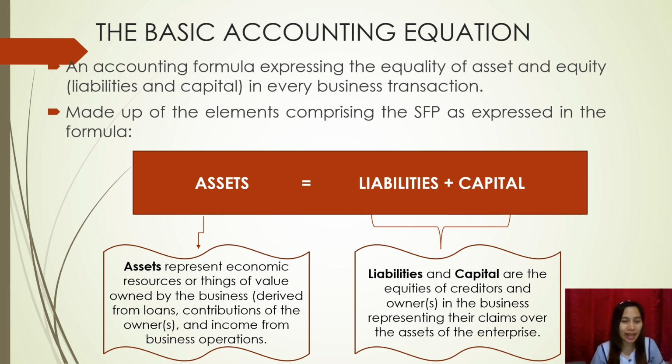Asset, because that will be recorded as cash under the asset element, and it will fall as a payable under the liability element. So there is a dual aspect concept application. Asset is equal to liabilities plus capital.